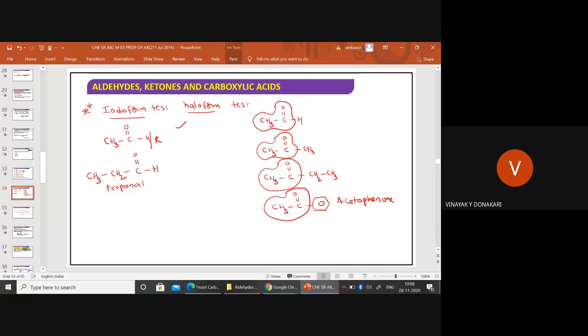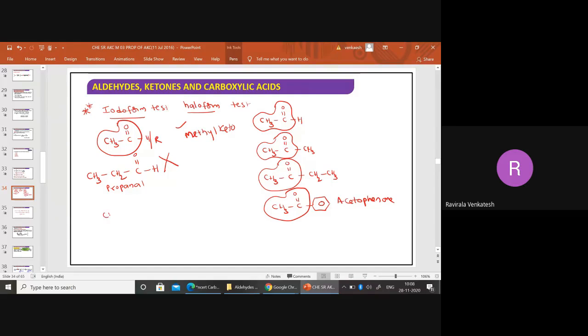This will not give, sir. Definitely it will not give, because it does not have the CH3 C double bond O group. The methyl keto group is not there. You need the methyl keto group, meaning this part. Is this part there? No. So it does not give here.